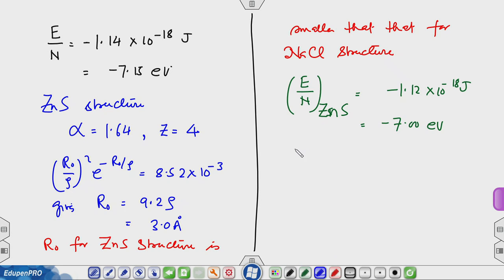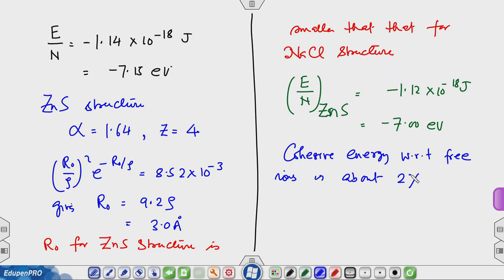So, cohesive energy, and this is only ion energy, right? We have not taken into account the ionization potential or electron affinity. So, cohesive energy with respect to free ions is about 7 to 7.5 eV.